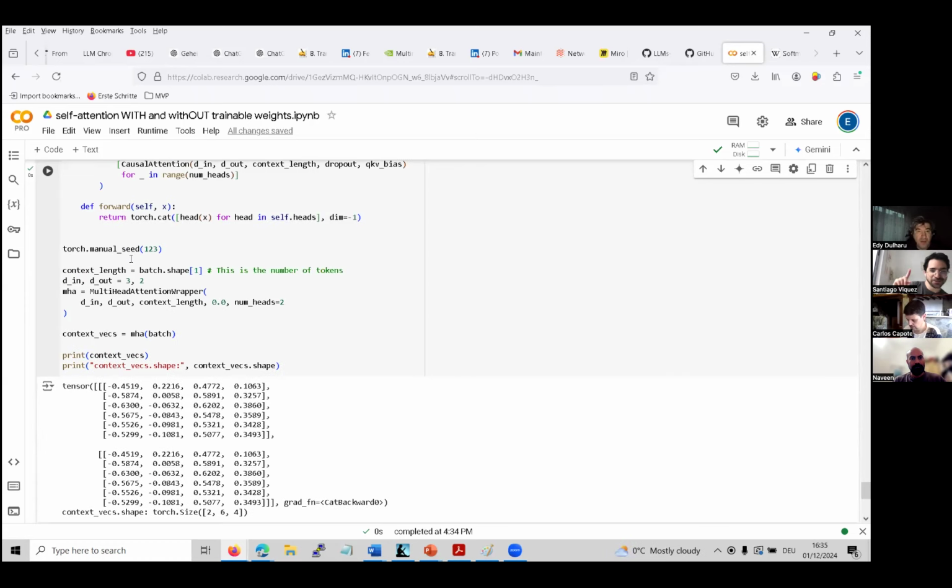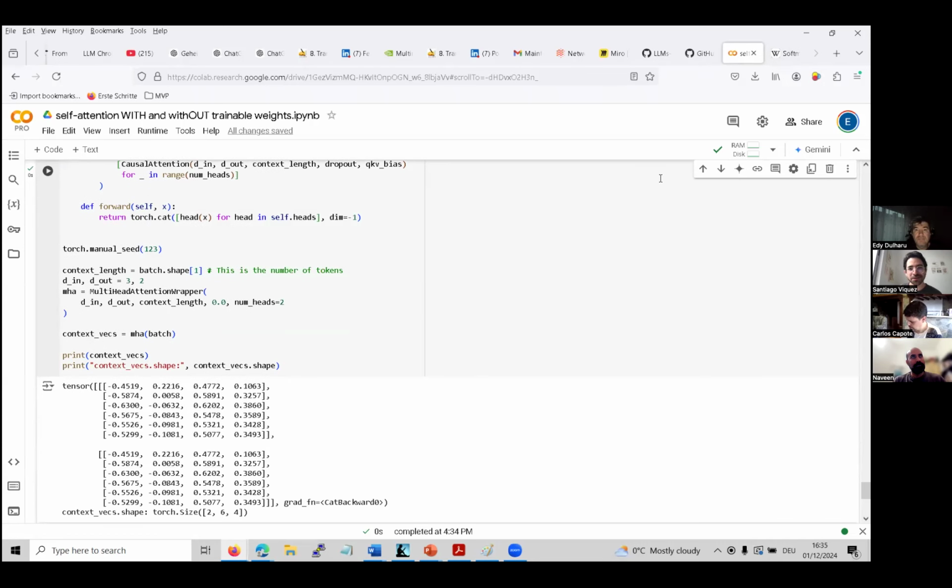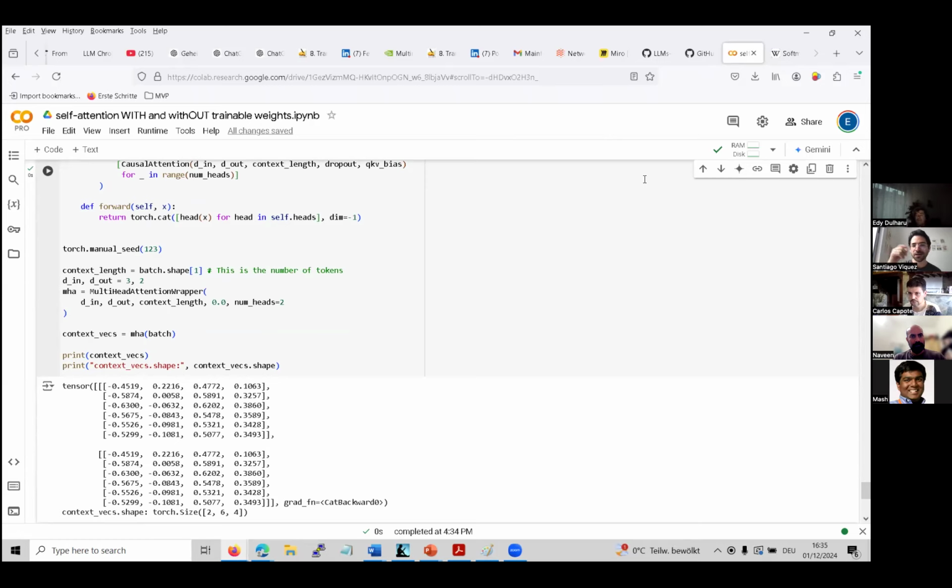Just another interruption about the dropout discussion. In PyTorch, there's a method called .eval. When the model is fully trained and we want to make inference, we call .eval.